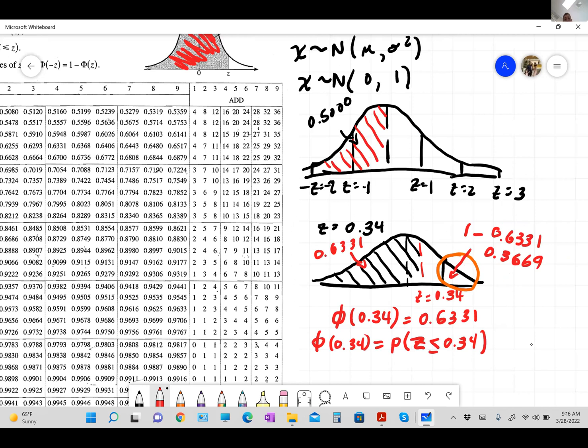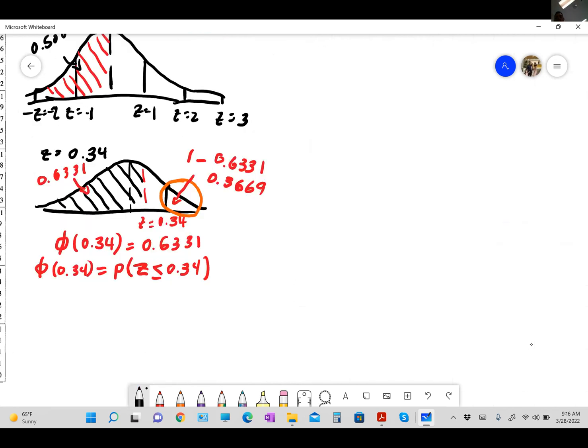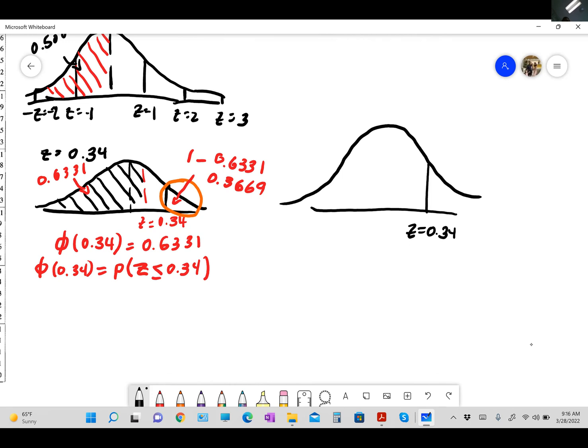In other words, if I were to redraw this, and I asked just for this area here to the right of Z, then you would have to figure out that the area to the left here was 0.6331.